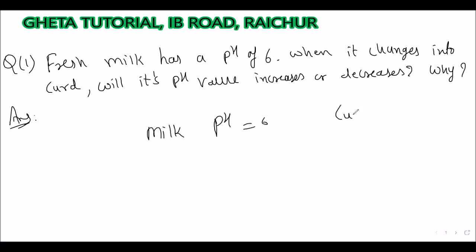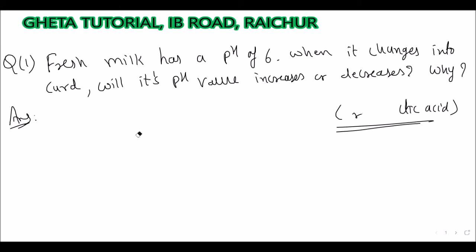When milk changes to curd, you know the curd has lactic acid. Curd produces lactic acid. So acid means its pH value should decrease, because an acid has a pH less than 7. The milk pH is already 6, so when the acid increases, the pH will decrease.